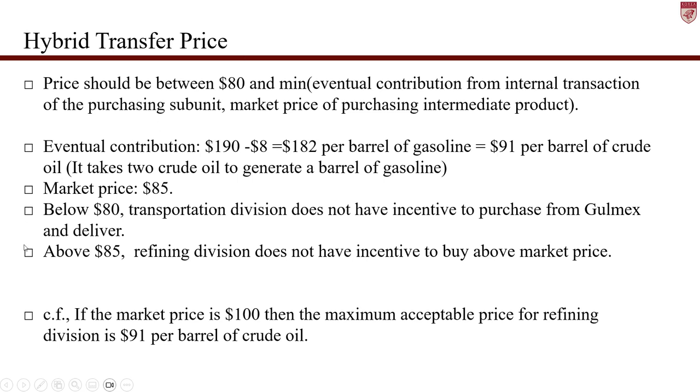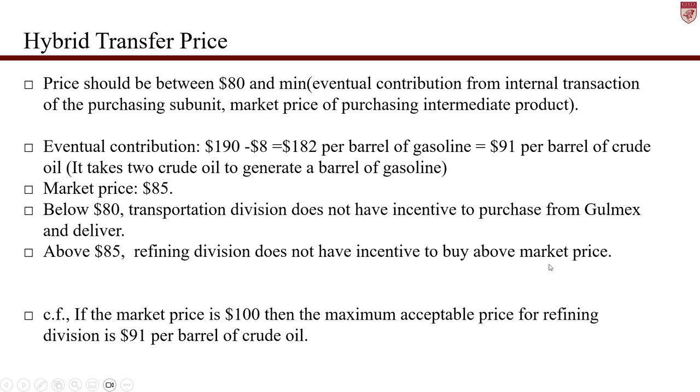So the range is going to be 80 to 85. Below $80, the transportation division will not have an incentive to purchase GulfMax and deliver it to the refining division. Above $85, the refining division does not have an incentive to buy more than the market price, right?